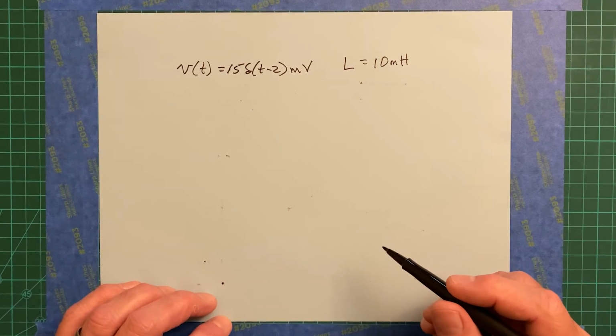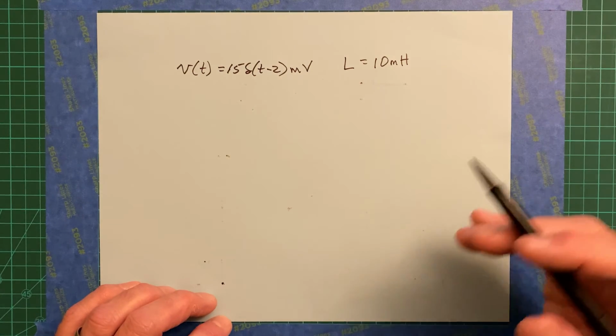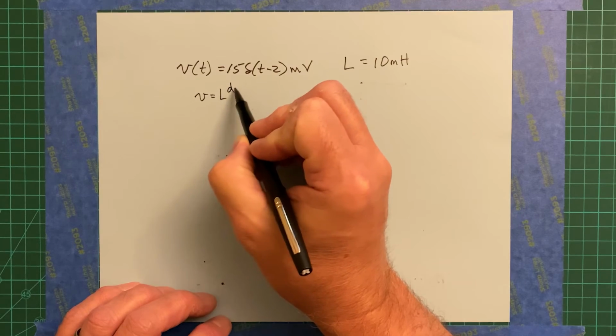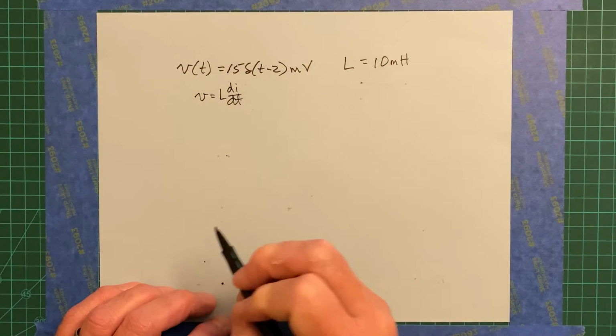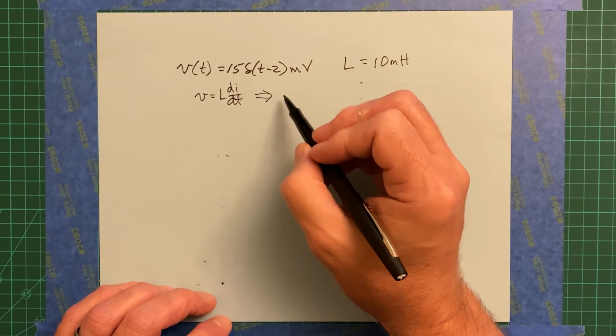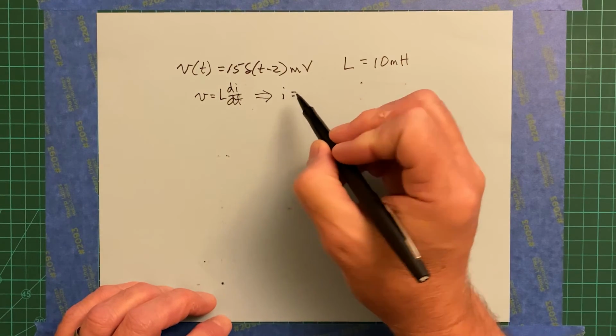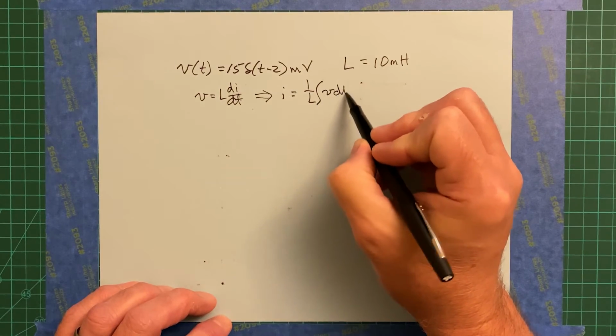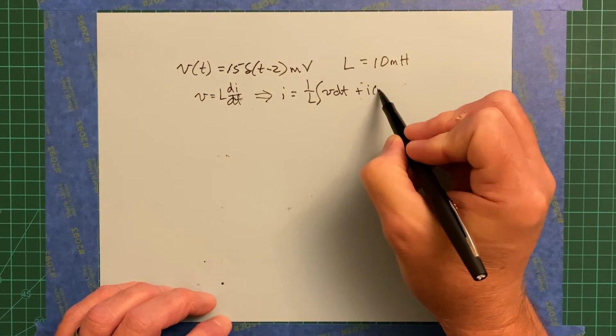Okay, let's say that I want to find the current. Well, we know that V equals L di/dt. So I should be able to get I out of that. And I is going to be equal to 1 over L times the integral of V dt plus I at 0.